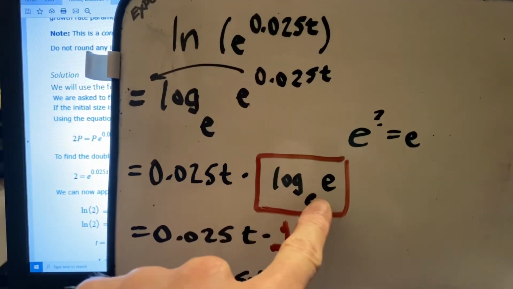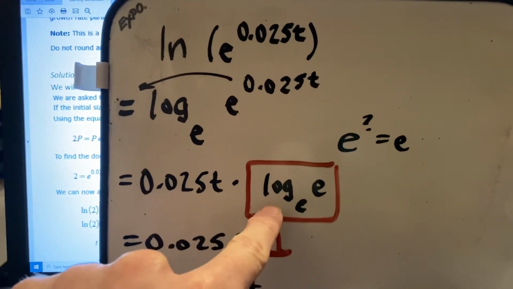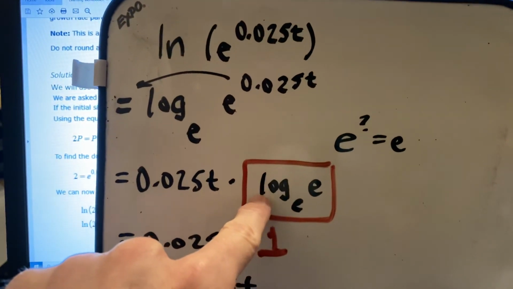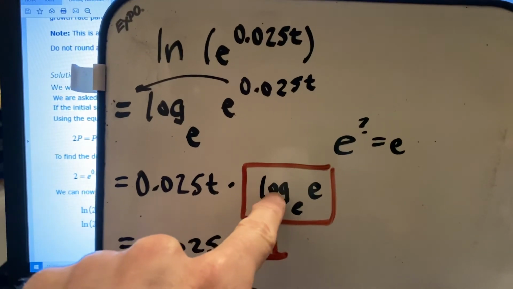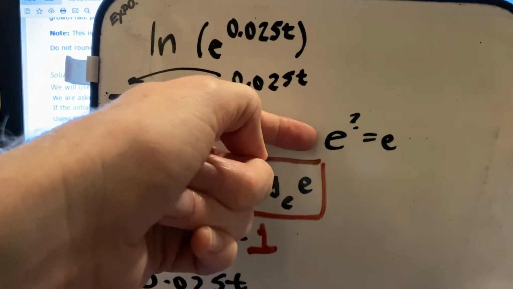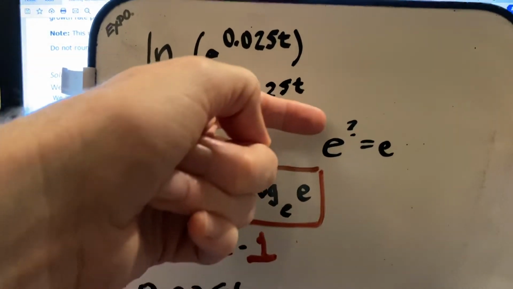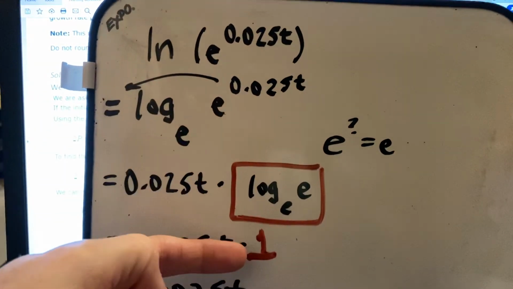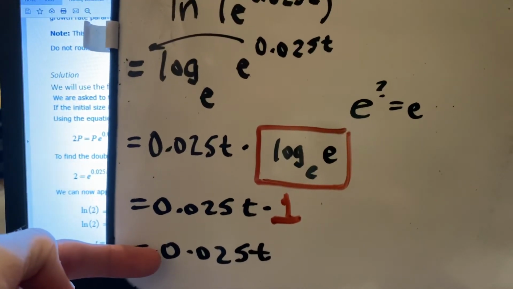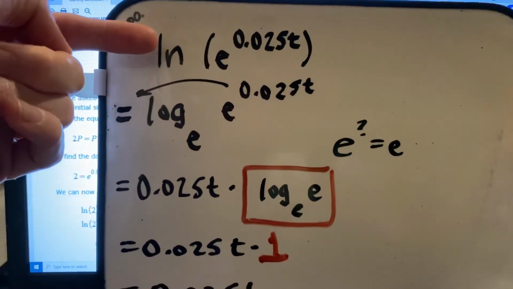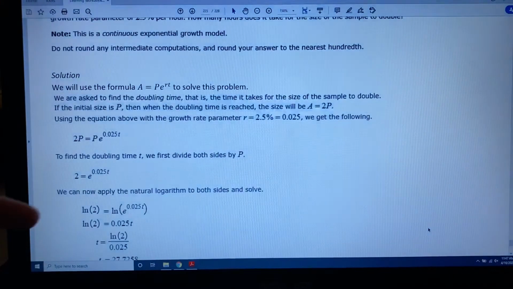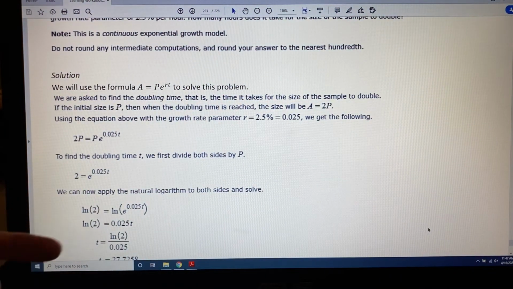Whenever there's a number for the base and argument of a log, you should ask yourself, can that be rewritten in simpler form? Log is EGOB. So what is the EGOB? What is the exponent goes on base e to make e? e to what power? Well, e to the first power is e. So the missing exponent is 1. So the value of the logarithm is 1. And since anything times 1 is itself, we get 0.025t. So what we started with and what we ended with are the same. That explains how we got from here to here.